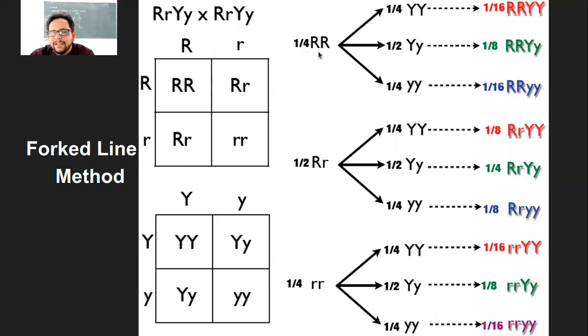So you take capital R, the first one, and fuse it with this one, and that is the first offspring of the dihybrid cross in the F2 generation. Then you take this capital R with this individual, capital Y, small y, and you get the second possibility. Then you again take capital R with this homozygous recessive, small y, and you get this individual, and then you do the same for capital R, small r, and small r.